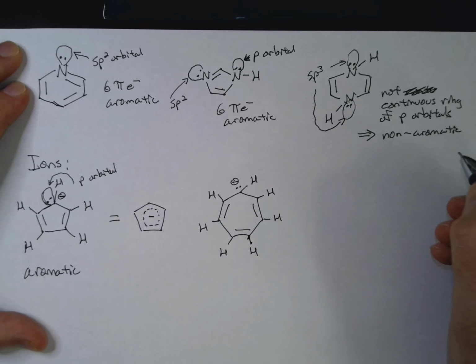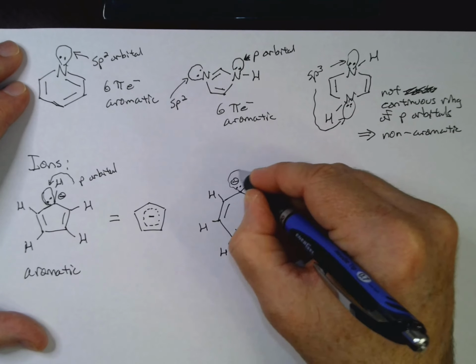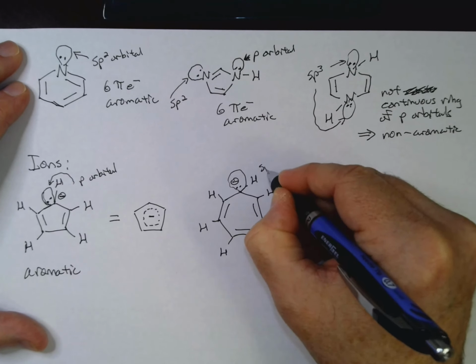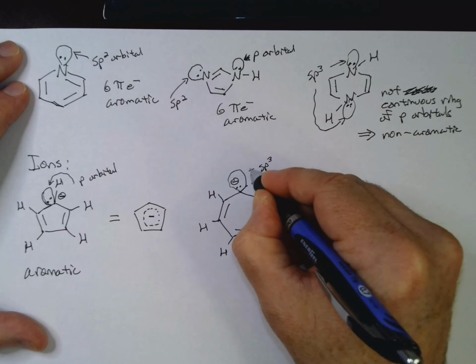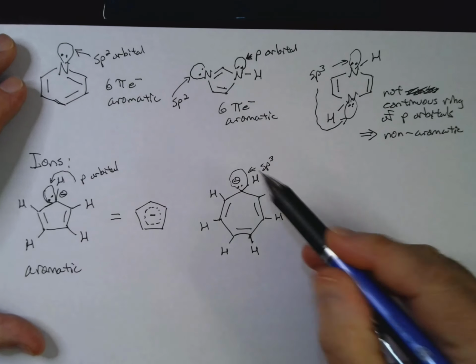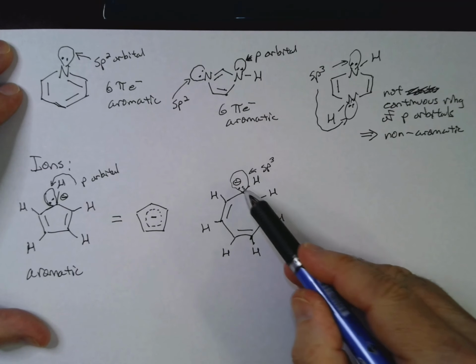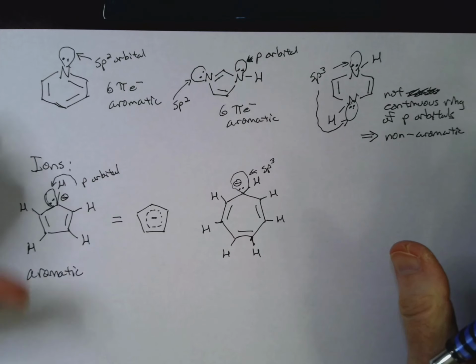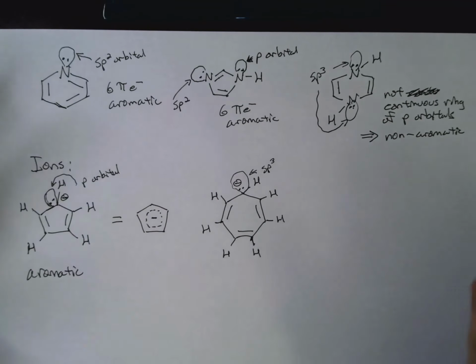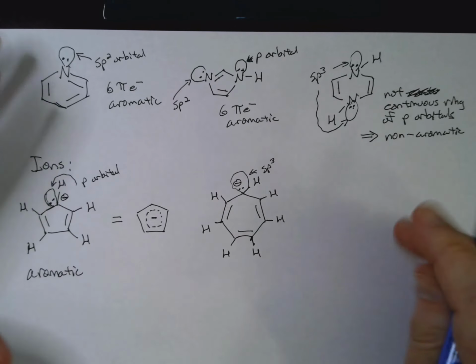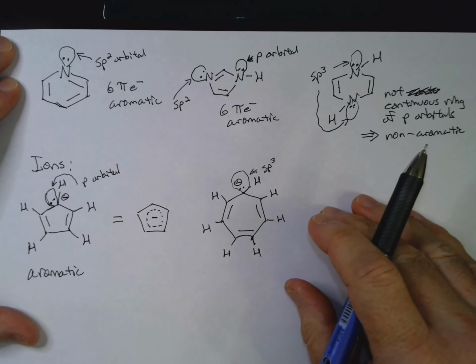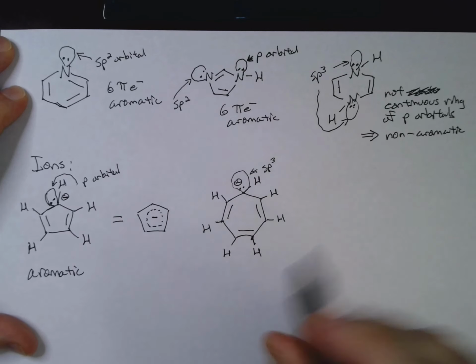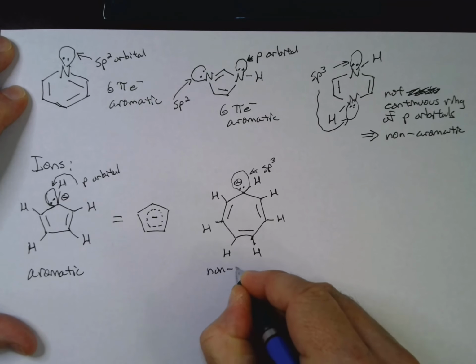There's a negative charge. So that orbital there is going to be sp3. Now why is that? Well, if it was p, then we'd have 2, 4, 6, 8 pi electrons, which is no good. I mean, well, not no good, it means it would be anti-aromatic, but things don't want to be anti-aromatic. It would rather be non-aromatic. So this is non-aromatic.